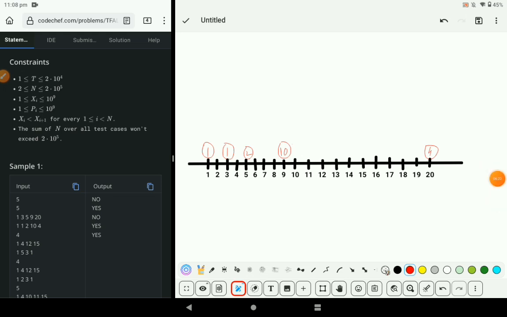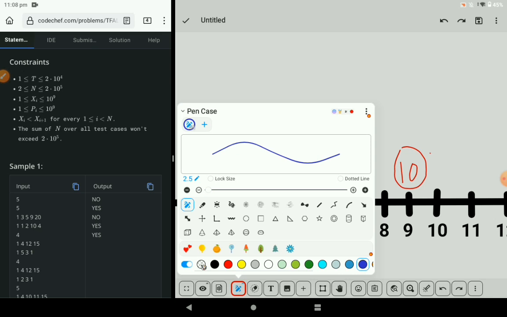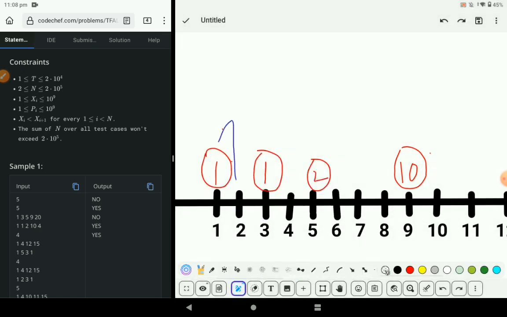So first of all, let's see the approach. According to the problem statement, the first ball can move only one position. Is that clear? It can just move a single position. So it's not able to activate the second ball.